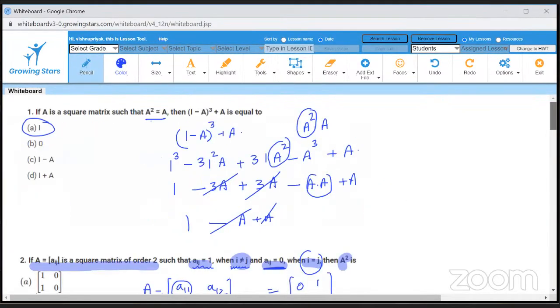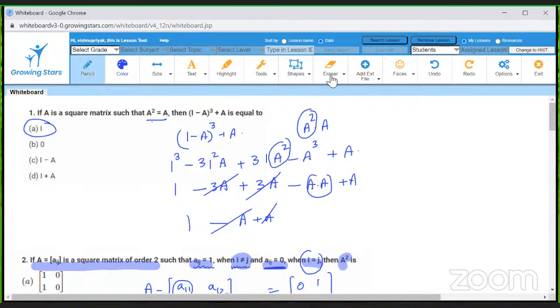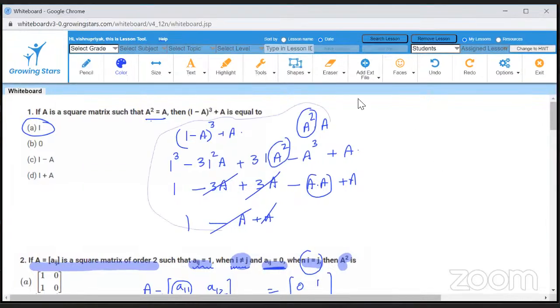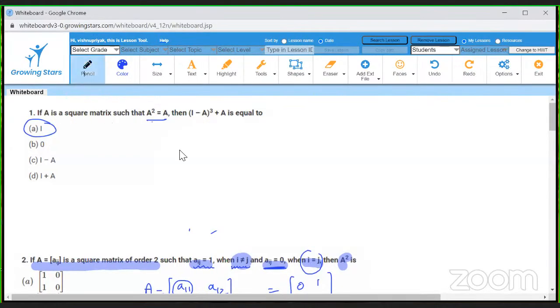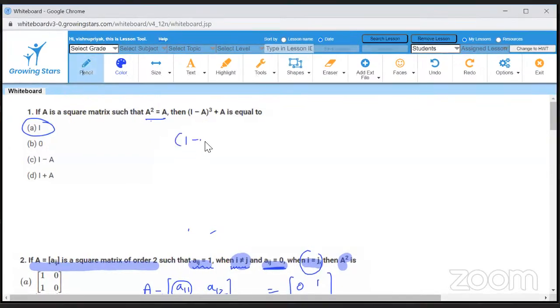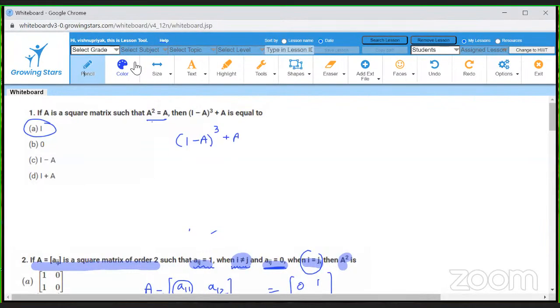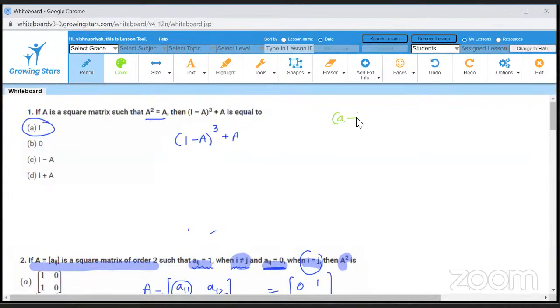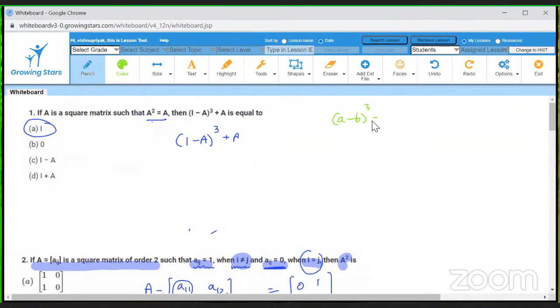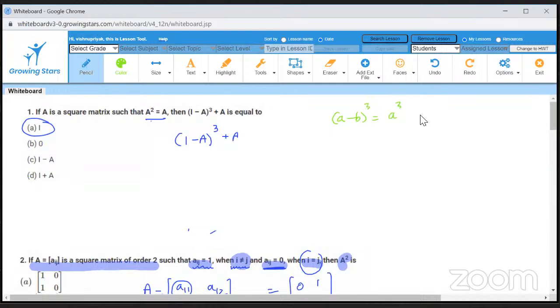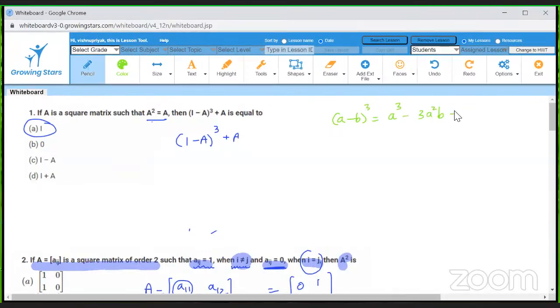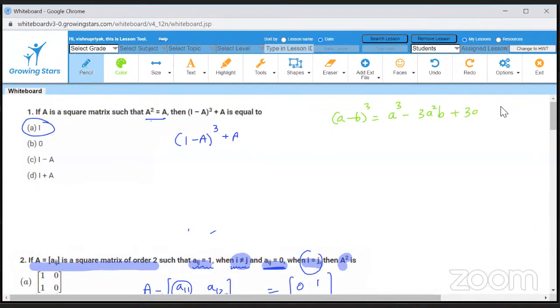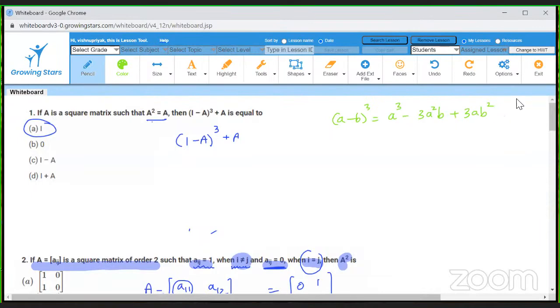So Yashwant wants this first question again. Here, you have to find (I minus A) whole cube plus A. So you will use one formula, (A minus B) whole cube: A cube minus 3A square B plus 3AB square minus B cube.